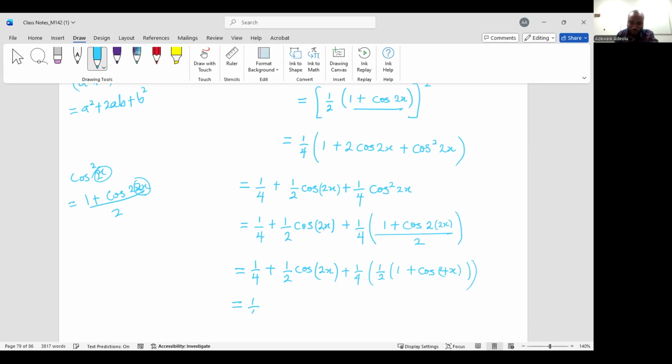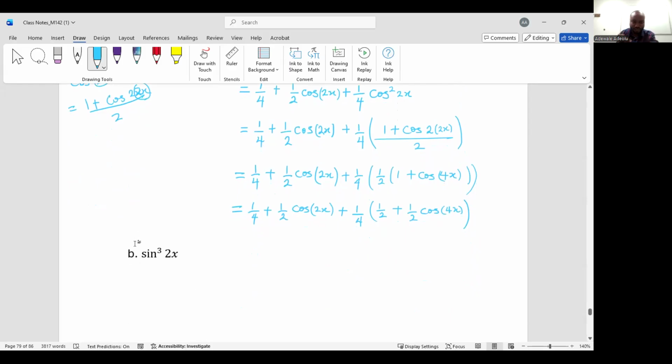So that is 1/4 plus 1 over 2 cosine of 2x plus 1 over 4 into, if I open up that, 1 over 2 plus 1 over 2 cosine of 4x.